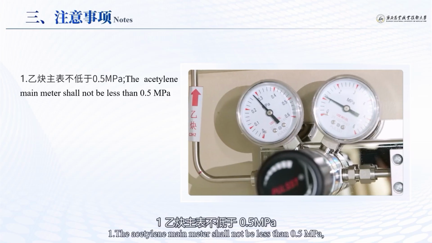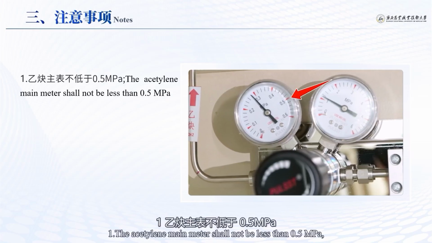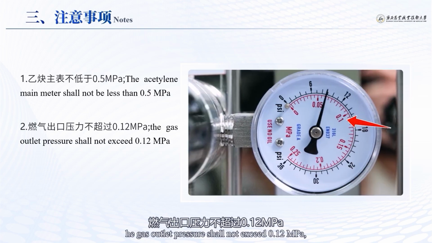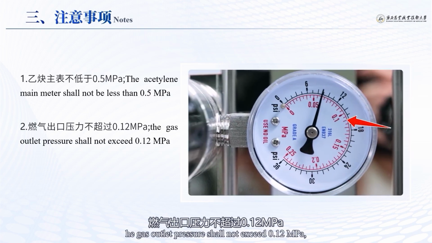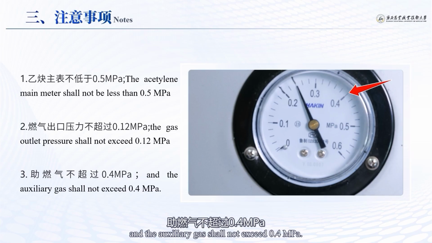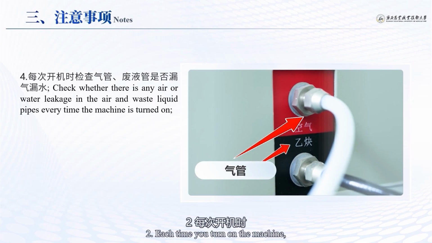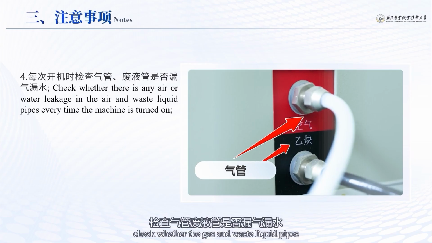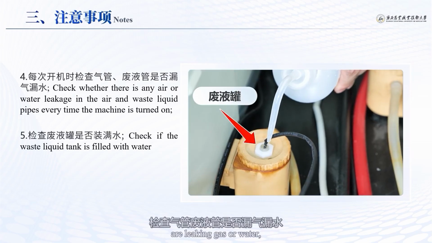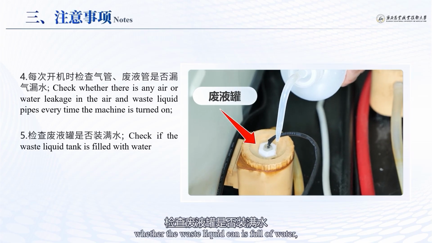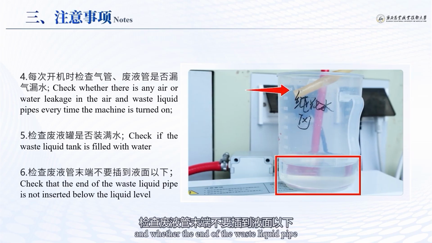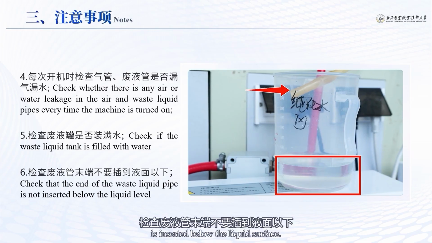First, the acetylene main meter shall not be less than 0.5 MPa. The gas outlet pressure shall not exceed 0.1 MPa, and the auxiliary gas shall not exceed 0.4 MPa. Second, each time you turn on the machine, check whether the gas and waste liquid pipes are leaking gas or water, whether the waste liquid can is full of water, and whether the end of the waste liquid pipe is inserted below the liquid surface.